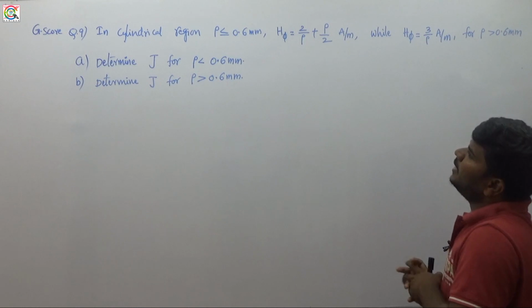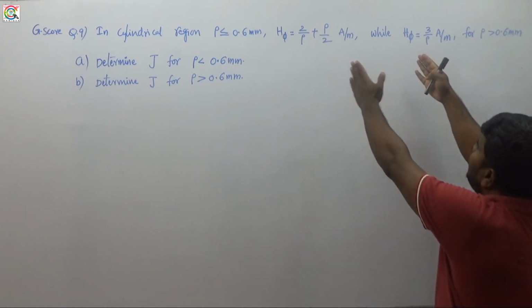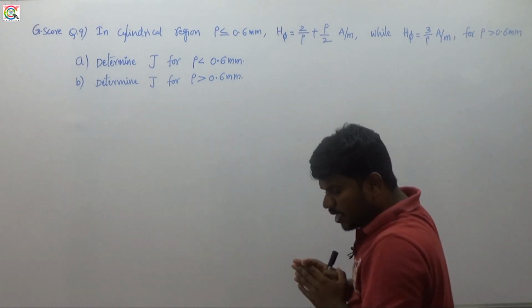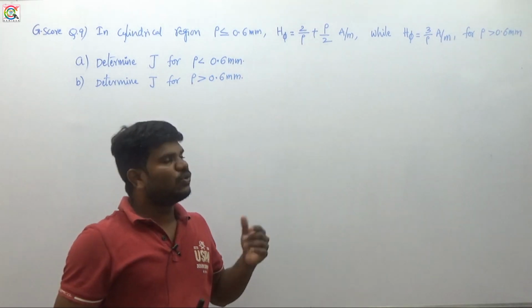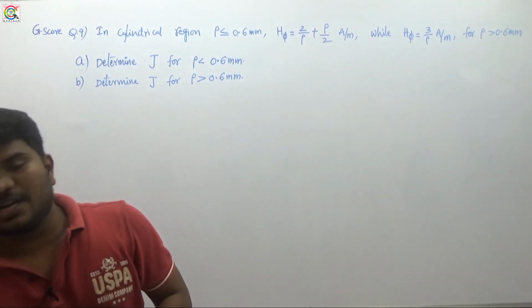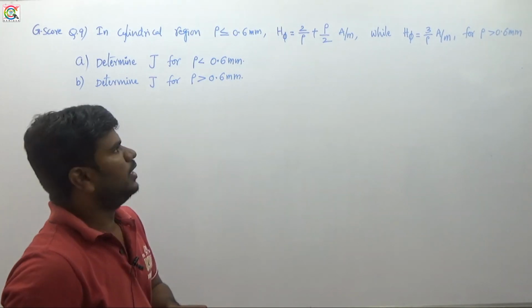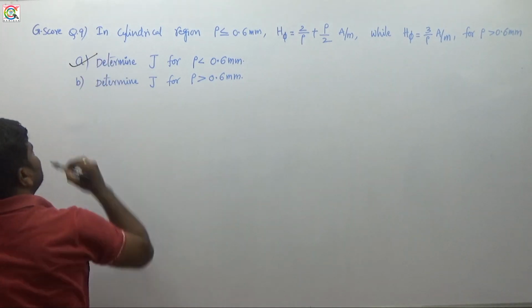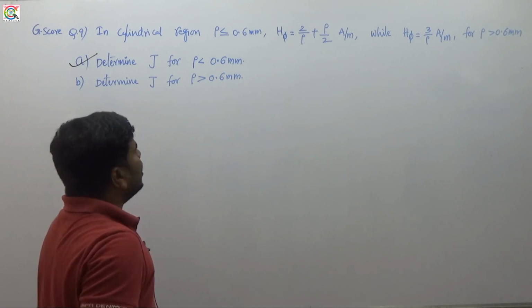Here it is given that it is a cylindrical region, and the magnetic field is given in the cylindrical system. So you have to calculate the magnetic field intensity and current density in the cylindrical system only. If I take the first question, we have to find the current density.